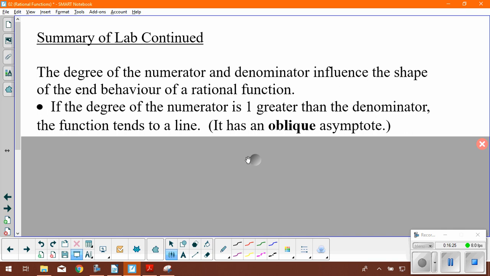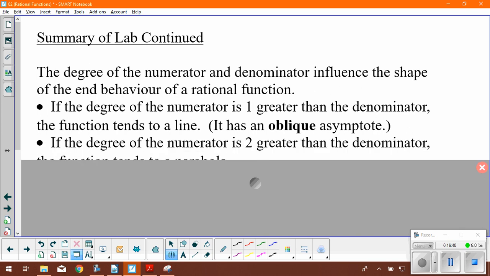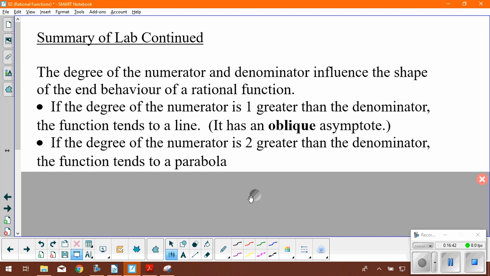That idea of a slant. The specific name for this is called an oblique asymptote. So now we have vertical asymptotes, horizontal asymptotes, and oblique asymptotes. If the degree of the numerator is 2 greater than the denominator, so the difference of the powers is 2, then it would tend to a parabola.